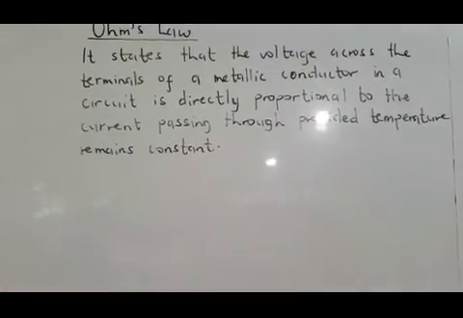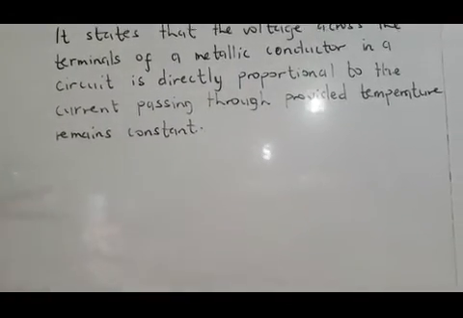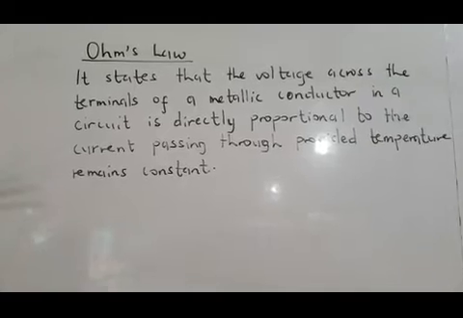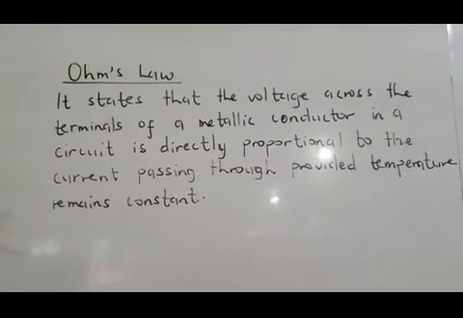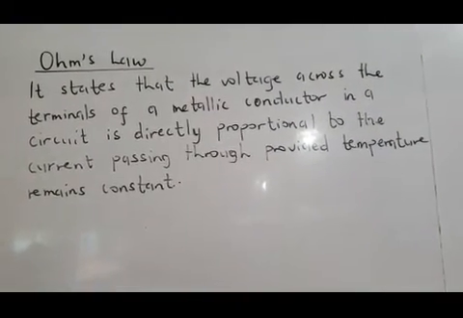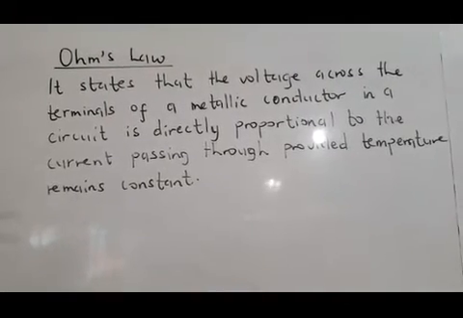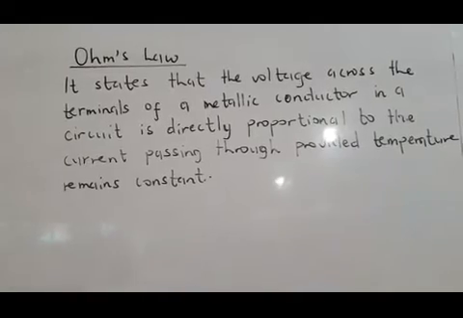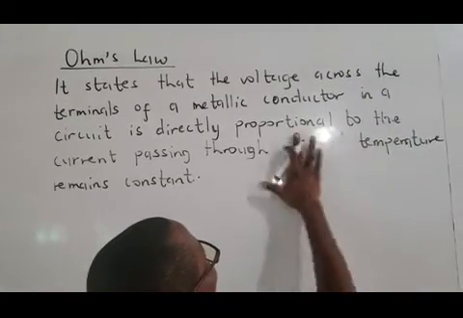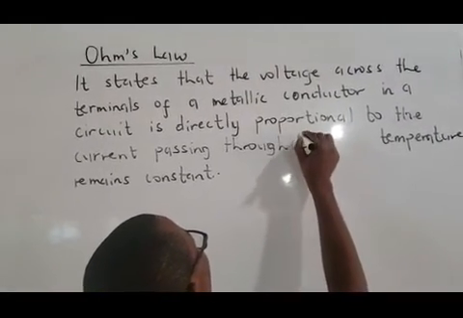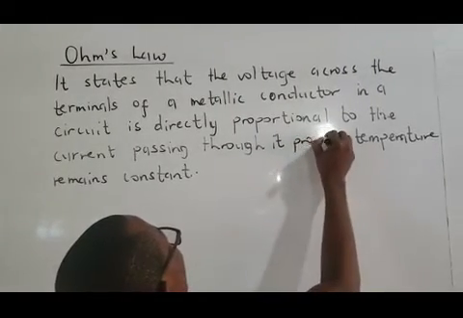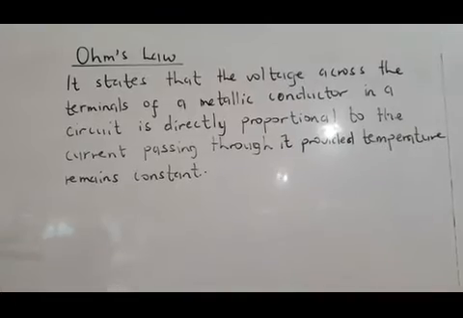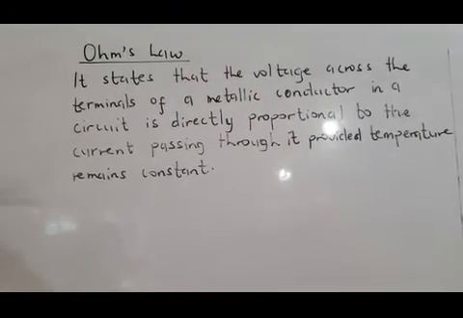Okay, so that is the Ohm's law. It says that the voltage across the terminals of a metallic conductor in a circuit is directly proportional to the current passing through it, provided temperature remains constant.